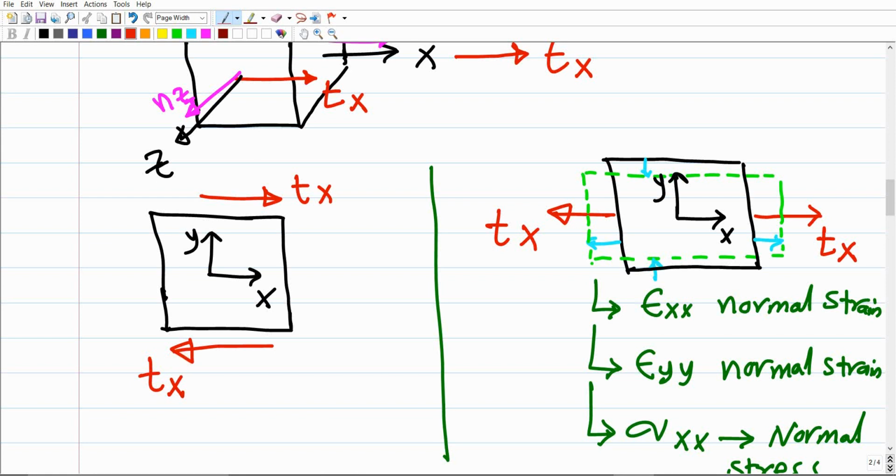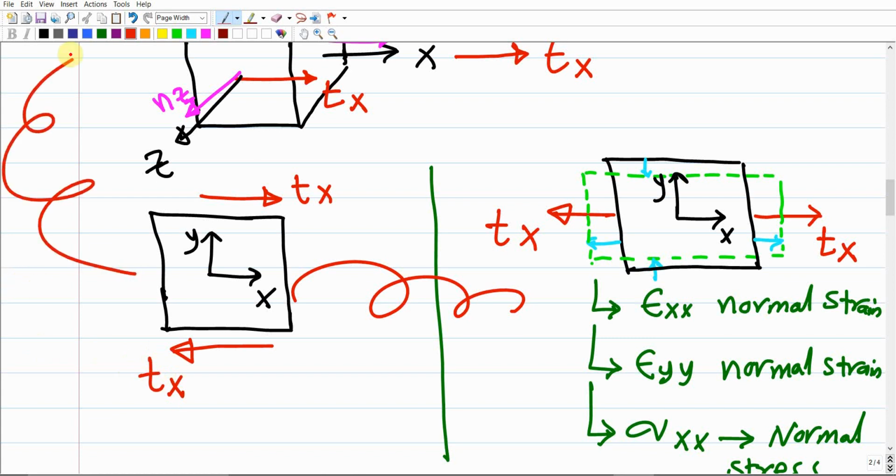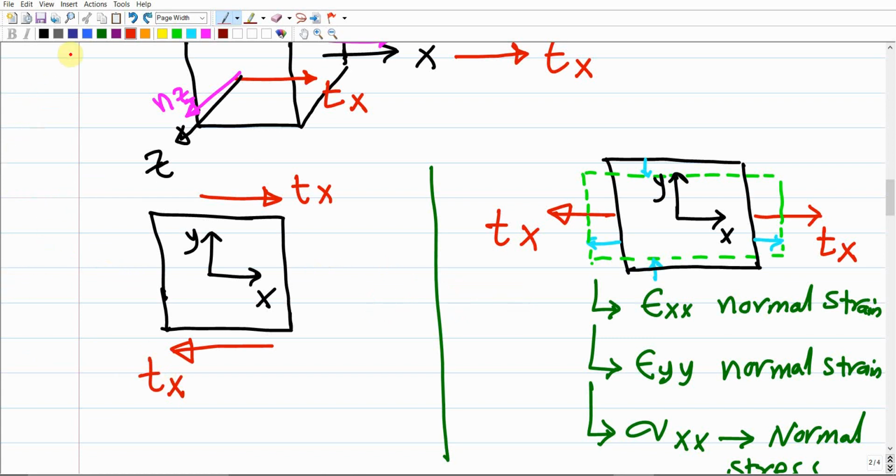If this T is bigger than this one, it's going to roll in this direction, and if this one is bigger, it's going to roll in the other direction. We don't need any rolling or rigid body motion except deformation. So these two forces should be equal and opposite, very similar to what we did for Tx over the two surfaces whose normal was the x-axis. We're going to repeat the same over the surfaces with ny.